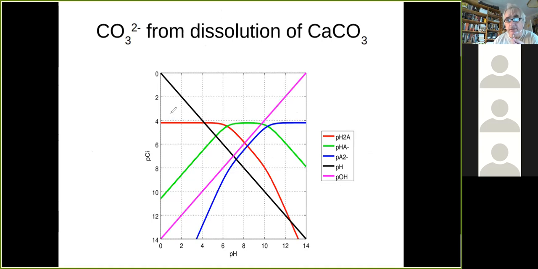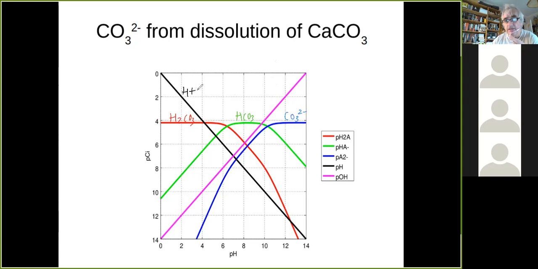Here is the, do you see my handwriting now? Yes. Yeah. And here is the carbonate ions. Then what about these two extra lines?